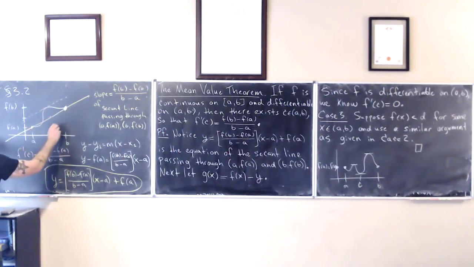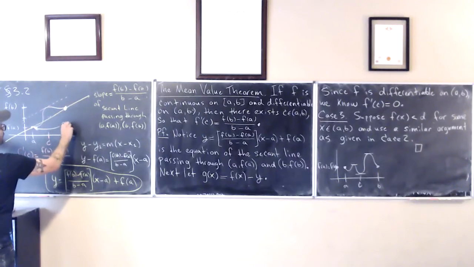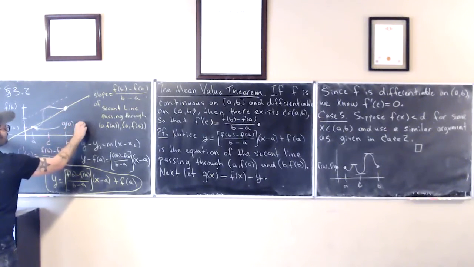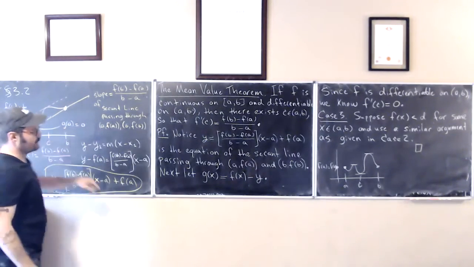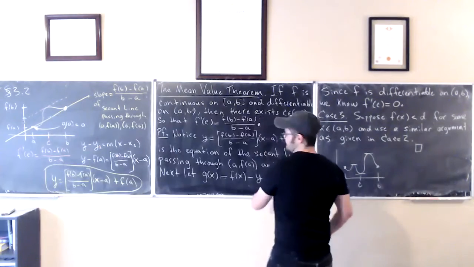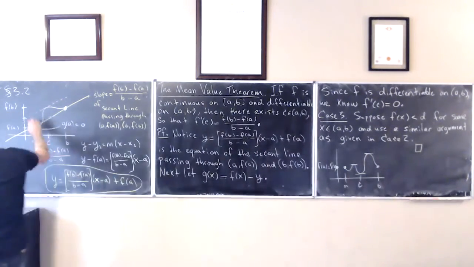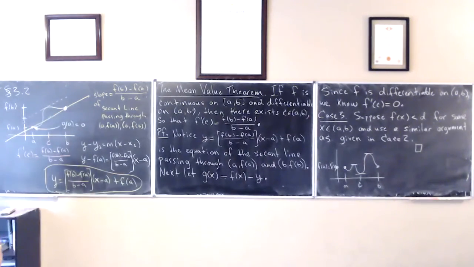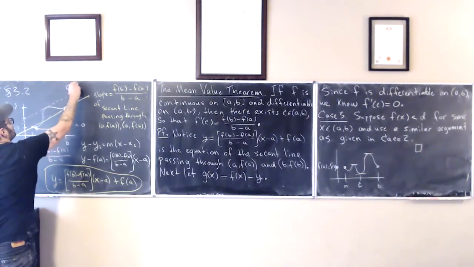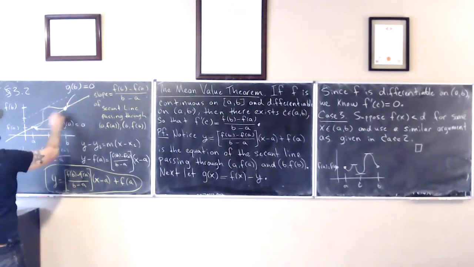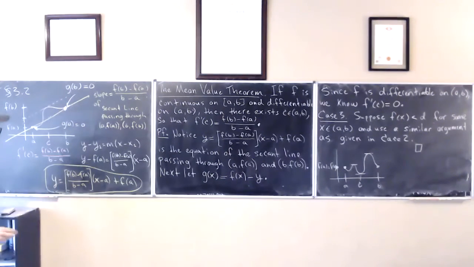So notice right here, g of a is equal to 0, right? If you look at the function's value and then you subtract off the secant line's value at that point, there's no distance, they're just on there, right? But then also here, g of b is equal to 0 because there's no distance between the secant line and the function f.